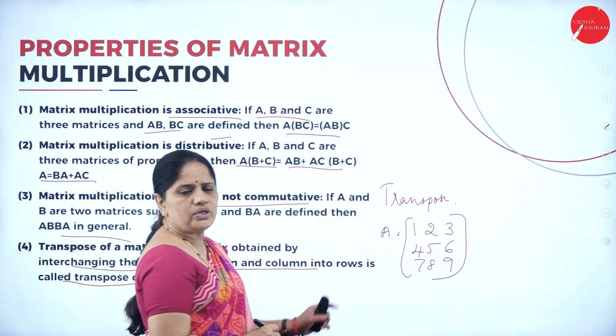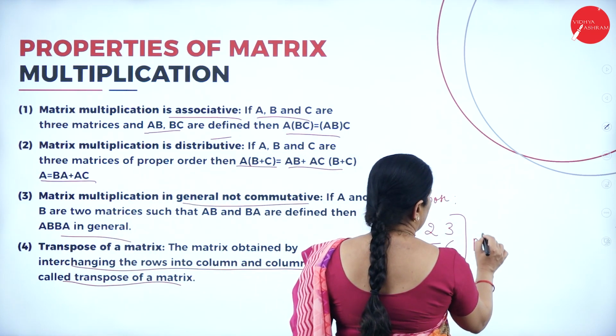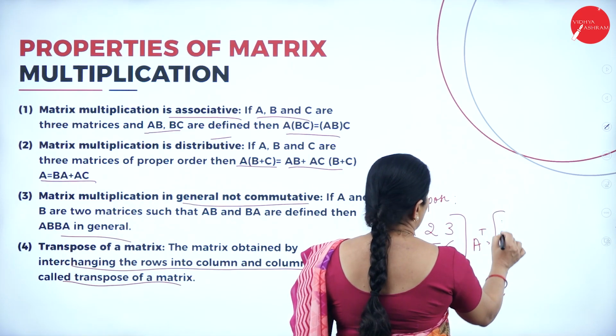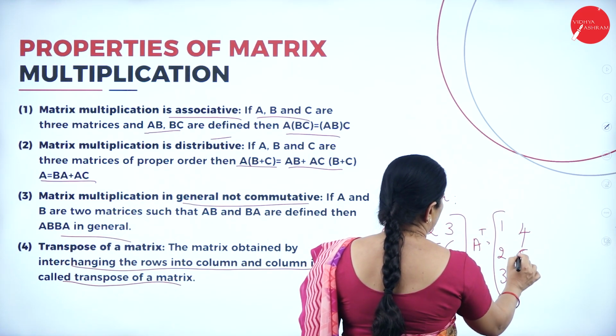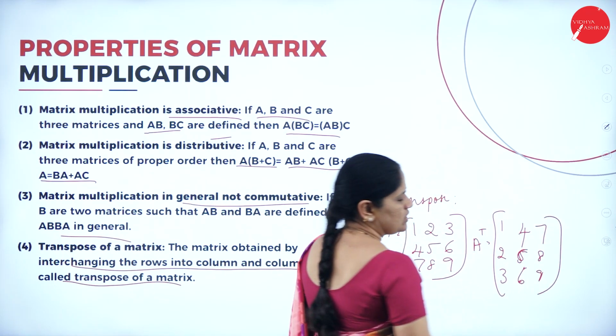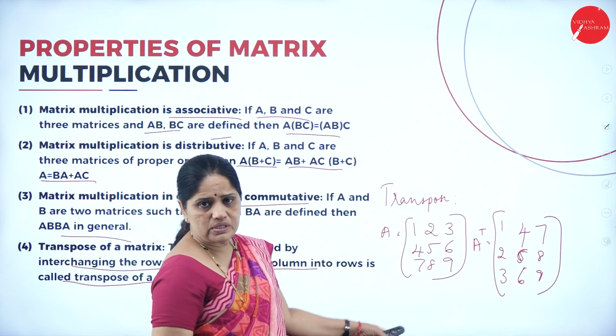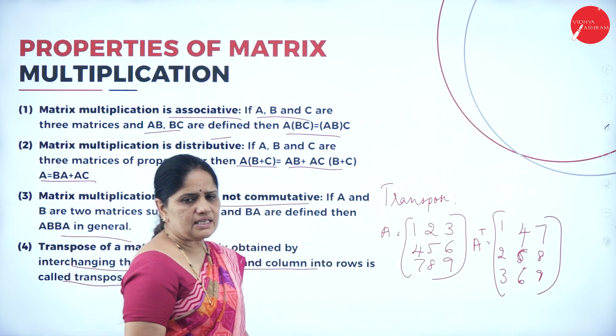Now, if I want the transpose of this, I will write A transpose equals 1, 2, 3, 4, 5, 6, 7, 8, 9. So, I just convert the rows into columns, then I get the transpose of the given matrix.